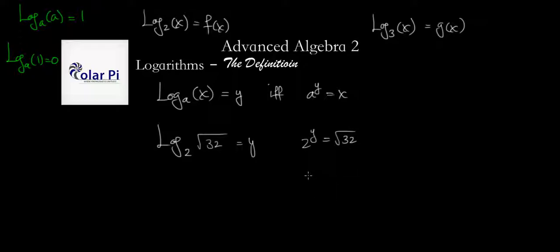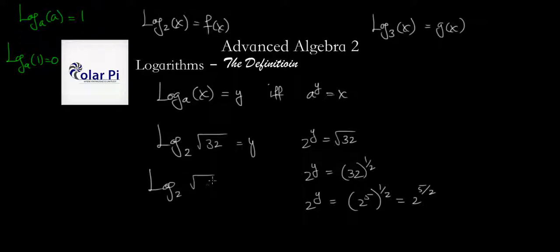We know root 32 can be written as 32 to the 1/2 power, because square root means an exponent of 1/2. And 32 is again 2 to the 5th, so we have 2 to the 5th, to the 1/2. Using exponent rules, that can be written as 2 to the 5/2. So log base 2 of root 32 is equal to 5 halves.